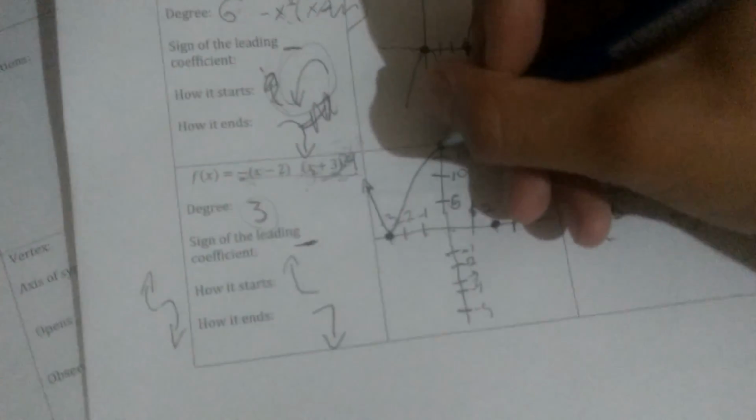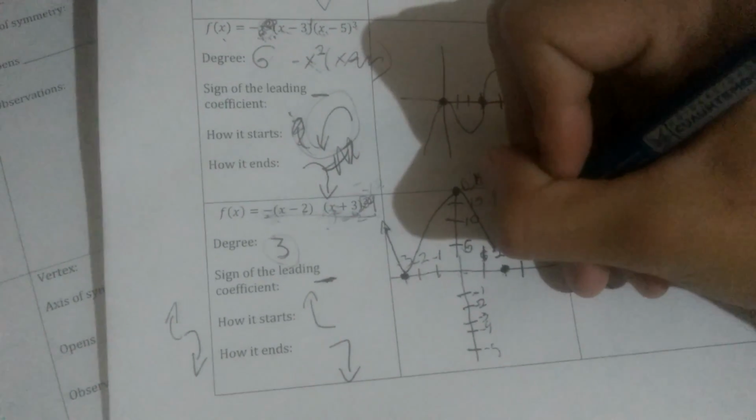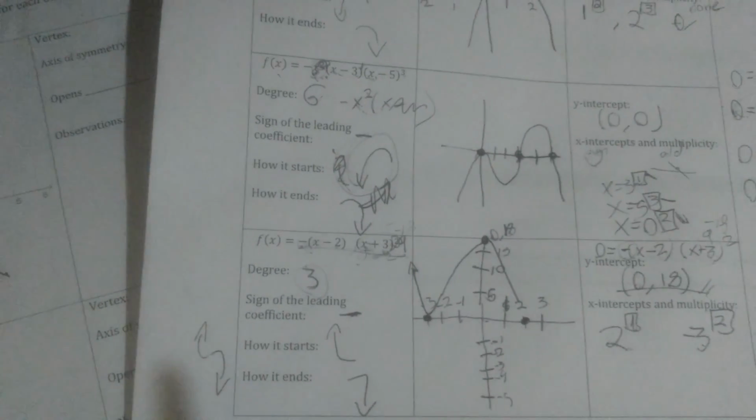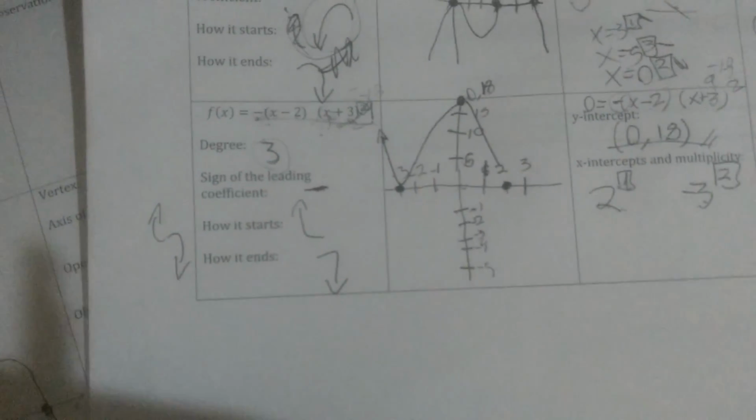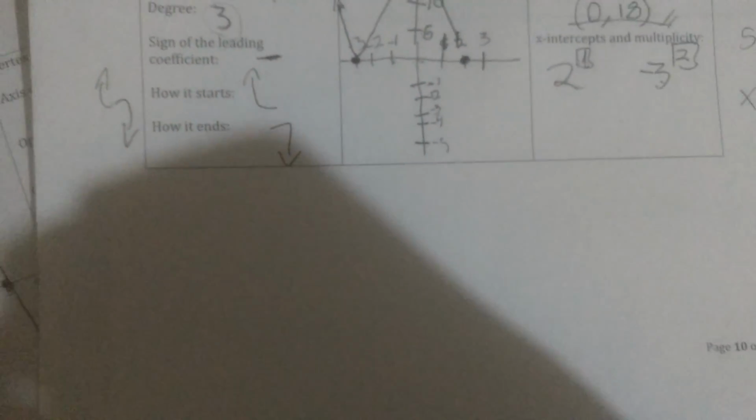So it bounces, then it has to go to the y-intercept, and it reaches its maximum, and then it has to return to touch the 2 again, and it will pass through the 2.